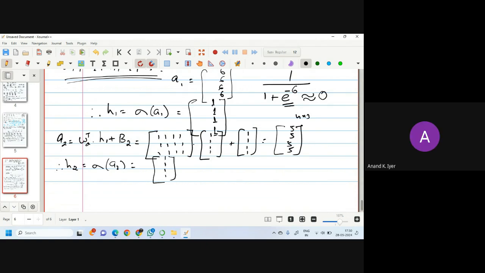Now A3 is equal to W3 transpose into H2 plus B3. W3 is 3 into 2, so this will become 2 into 3. 4 into H1.